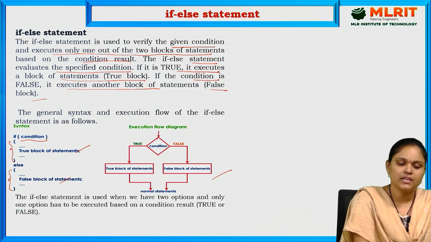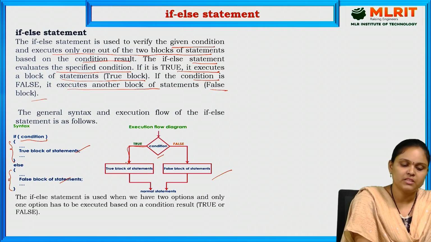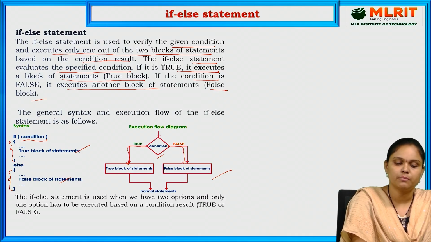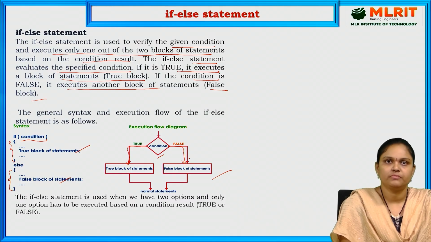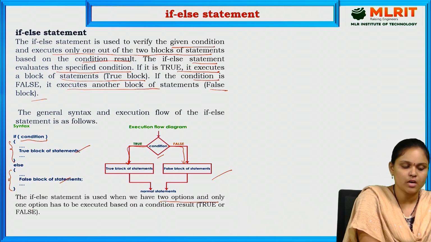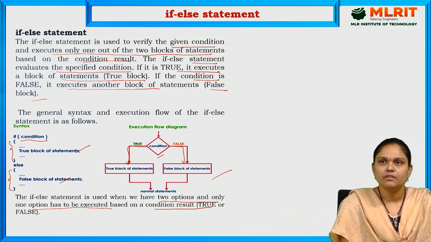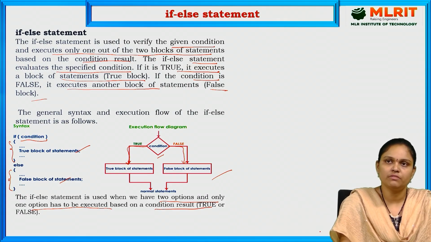We write the condition in the rhombus, and if it is true, the flow goes in one direction, and if it is false, the flow goes in the other direction. The if else statement is used when we have two options and only one option has to be executed based on the condition result. If the condition is true, it will come to the true block. If the condition is false, it will come to the false block, that is the else block.